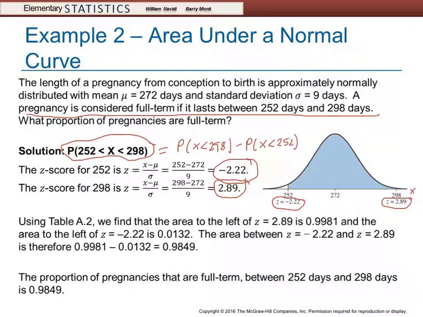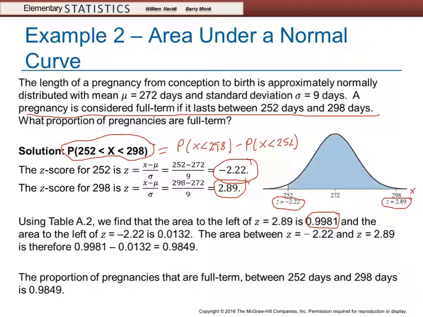Now, because we have the z values, we can go to our standard normal curve table, which is in A2, and we can find the area to the left of 2.89, which is 0.9981.